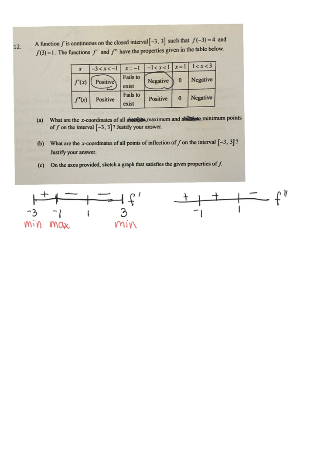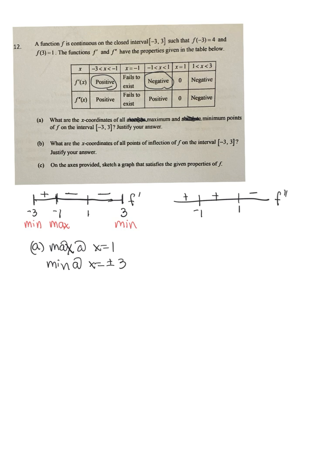Okay. All right. So then for part A, it's asking for the max. So we have a max at x equals -1, and we have a min at x equals positive and -3.